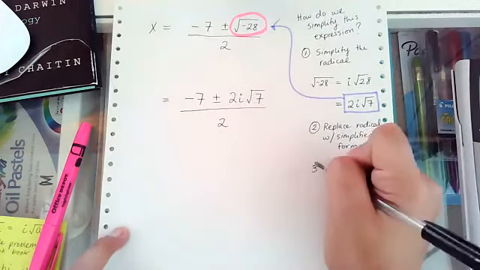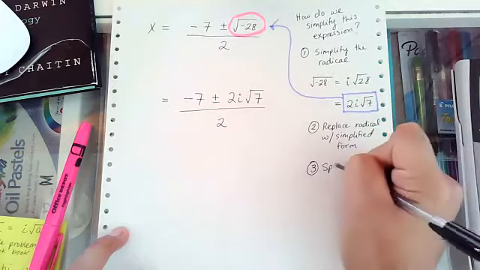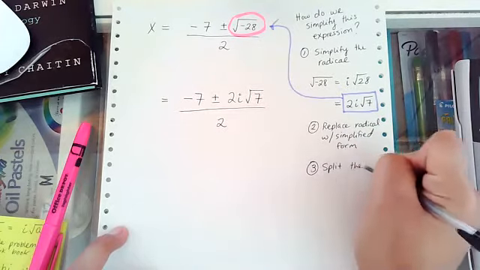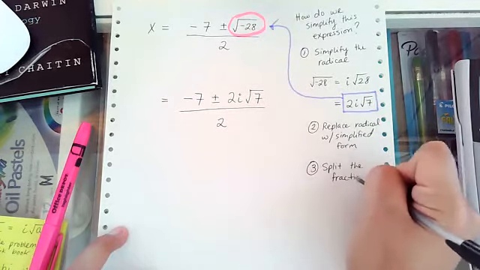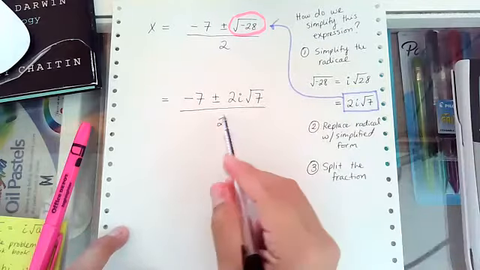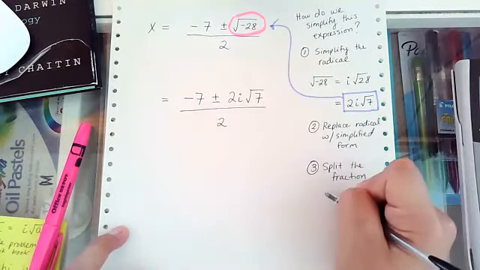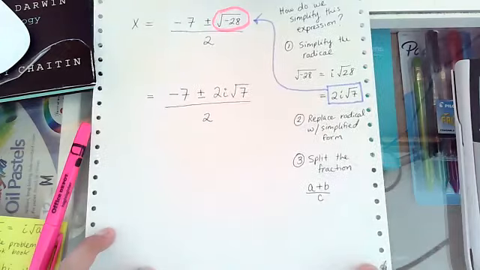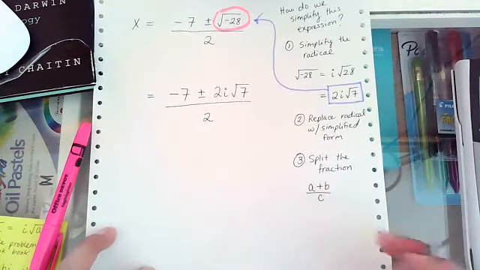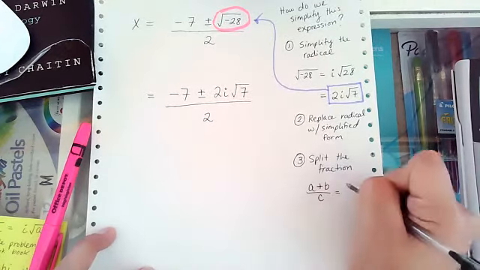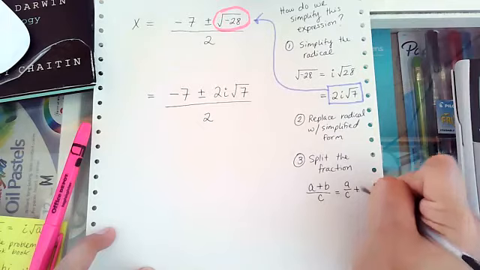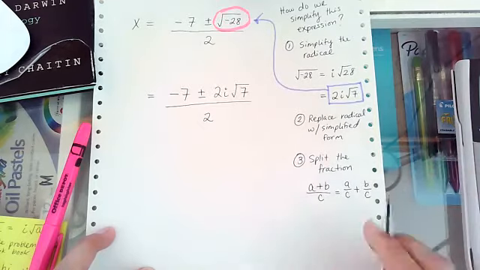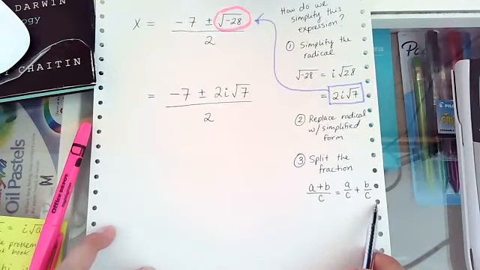Okay, and then we're going to split up the fraction. What I mean by that is that if you have, let's say, a plus b over c, a fraction like this, and it could be a subtraction symbol, we can split this up into a over c plus b over c, having the same denominator.